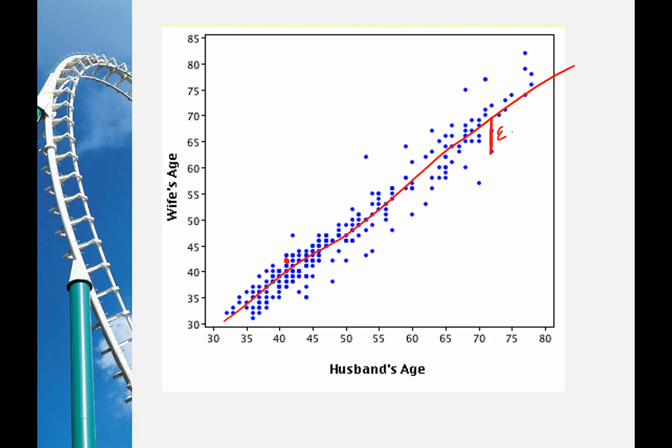Ideally, all of these errors are going to cancel out.